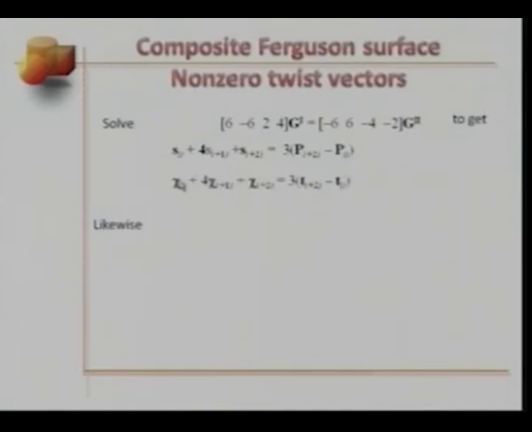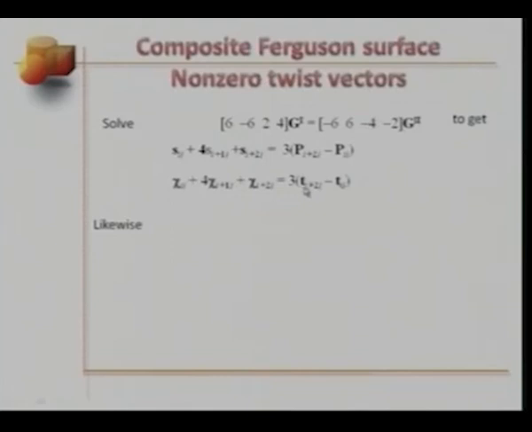We will have another equation coming out from this relation, and that would be in terms of the twist vectors: chi ij plus 4 chi i plus 1 j plus chi i plus 2 j equals 3 times t i plus 2 j minus tij.